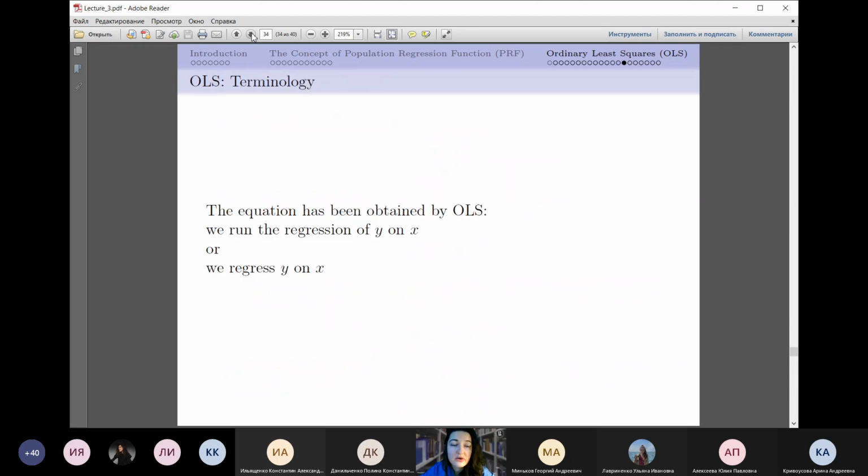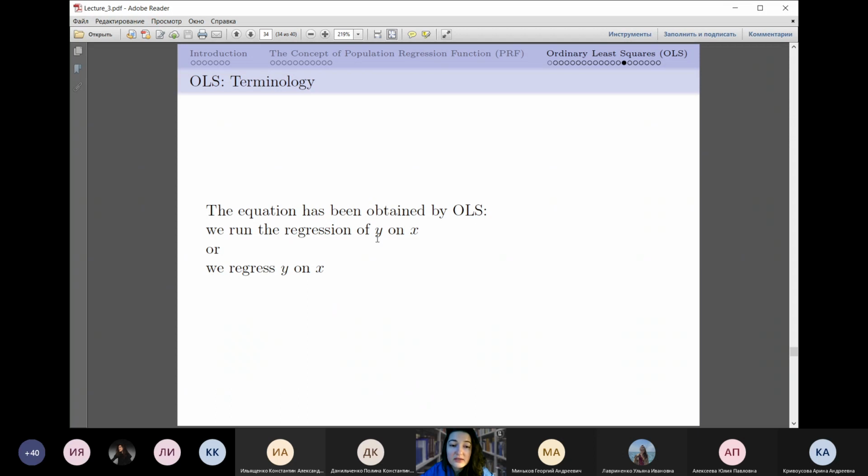And also there is a very important terminology that you need to use properly when you run the regression analysis. If our dependent variable is y, you can say that you run the regression of y on x in this order. Or you can also say that you regress y on x, without the word run.